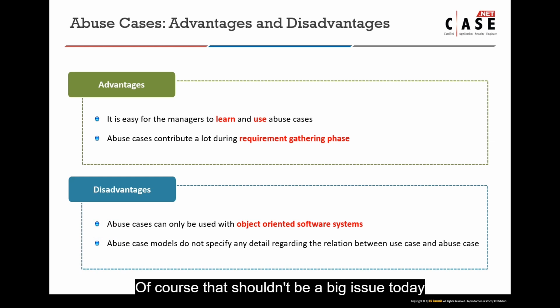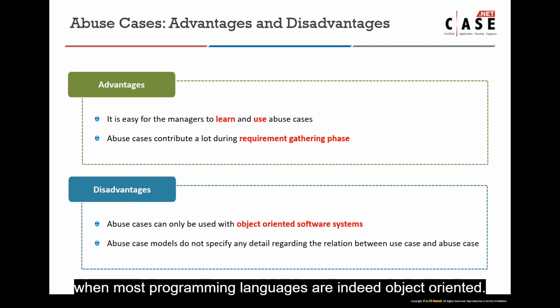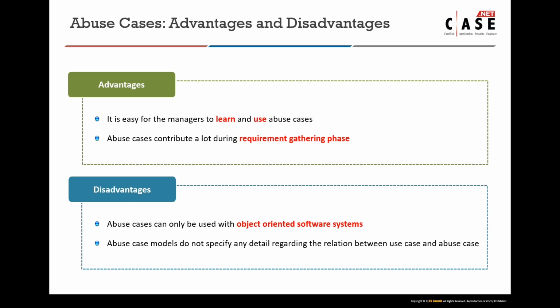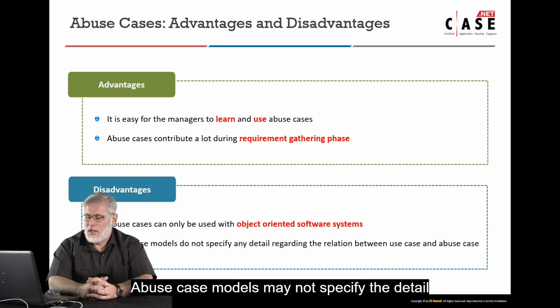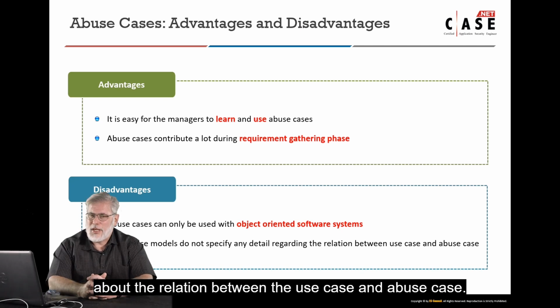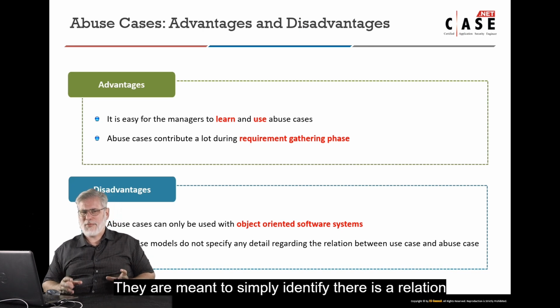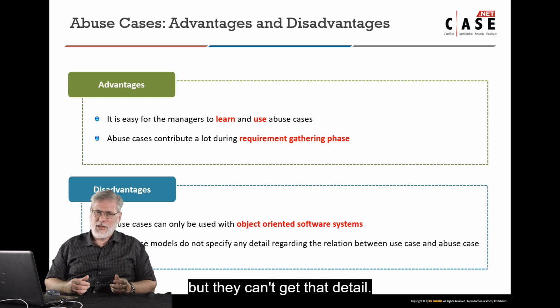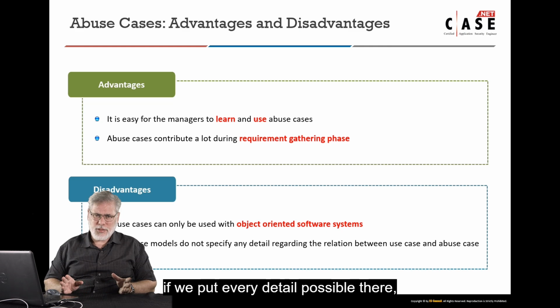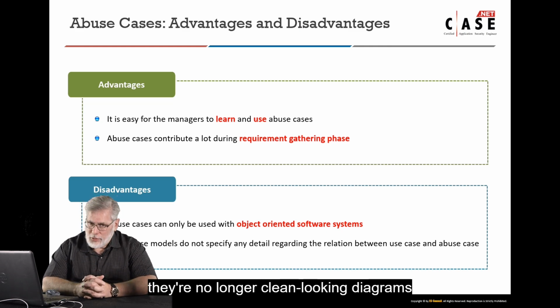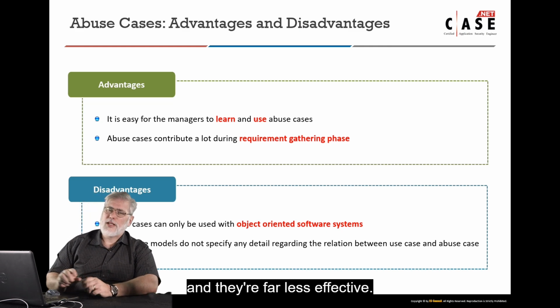Of course, that shouldn't be a big issue today when most programming languages are indeed object-oriented. Abuse case models may not specify the detail about the relation between the use case and abuse case. They're meant to simply identify there is a relation, but they can't get that detailed. You saw the very clean-looking diagrams. If we put every detail possible there, they're no longer clean-looking diagrams, and they're far less effective.